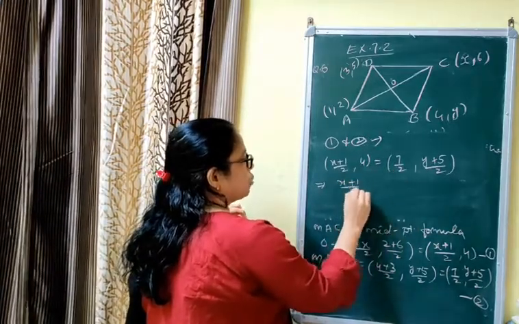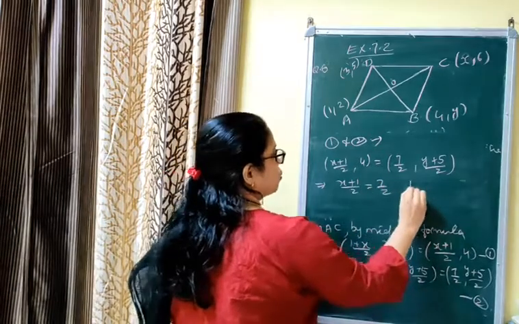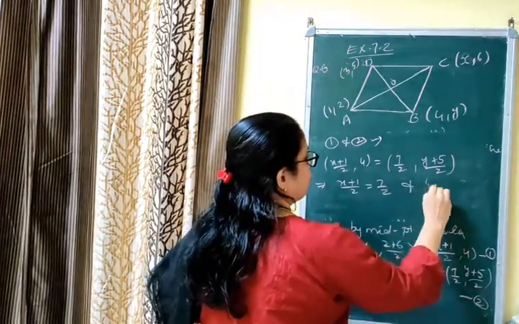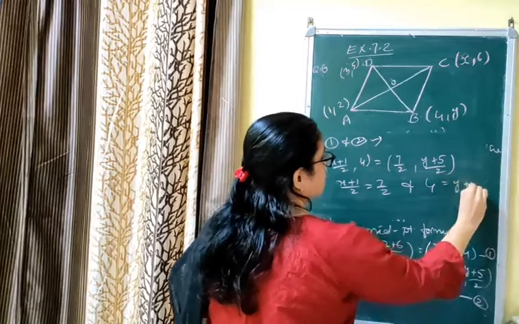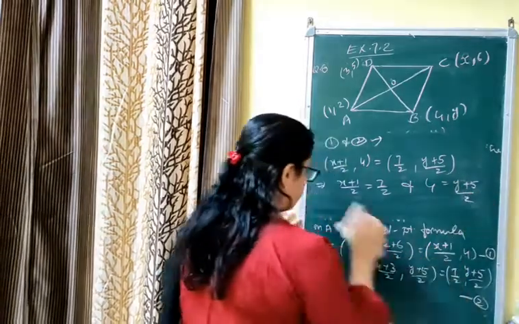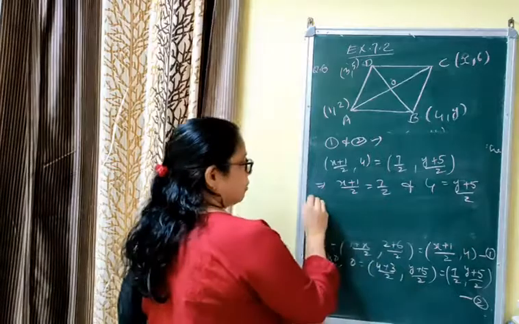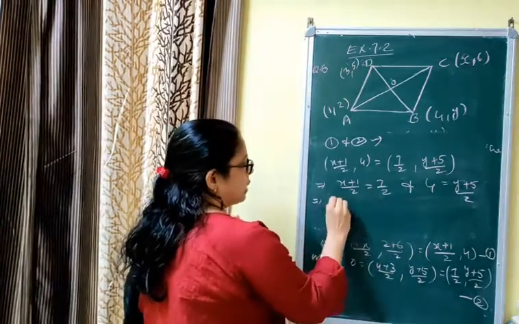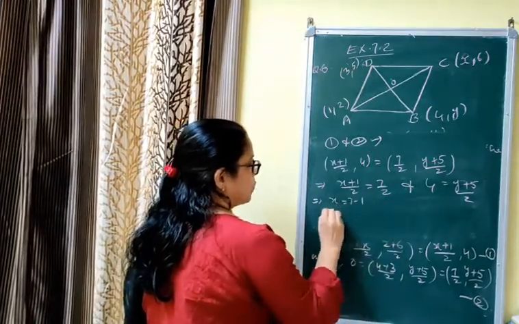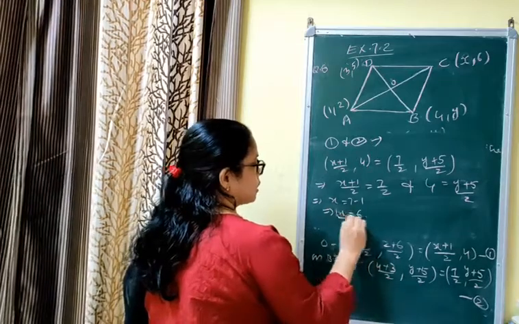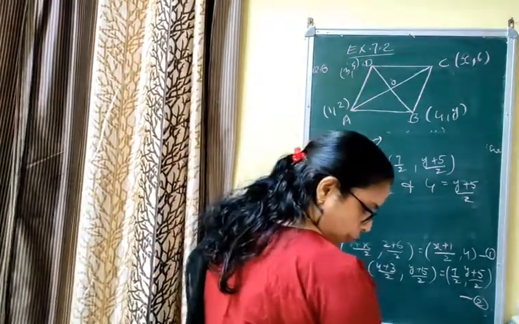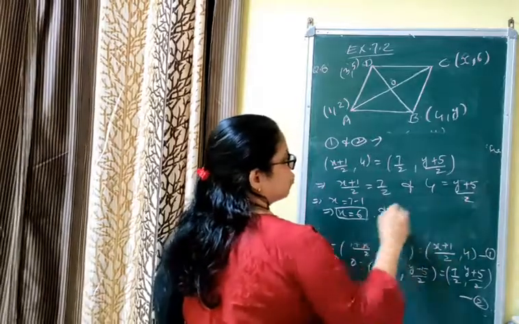x plus 1 by 2 is equal to 7 by 2 and 4 is equal to y plus 5 by 2. Now again by cancellation, the 2s are getting cancelled. x equal to 7 minus 1, which implies x equal to 6. That means you got the value of x equal to 6 and now we have to find y.